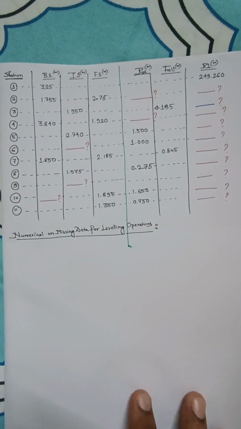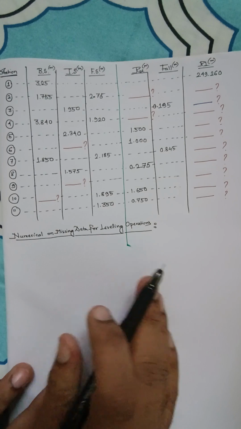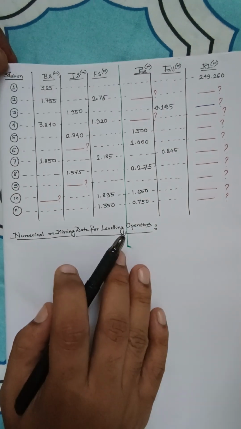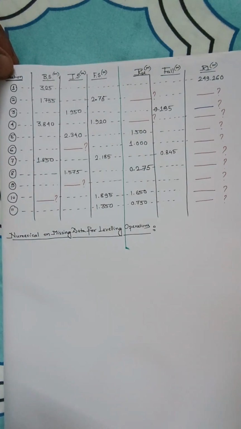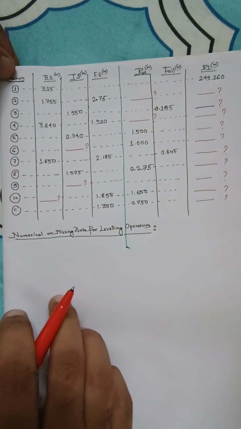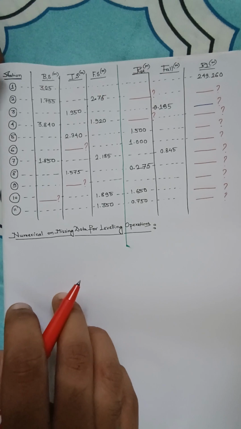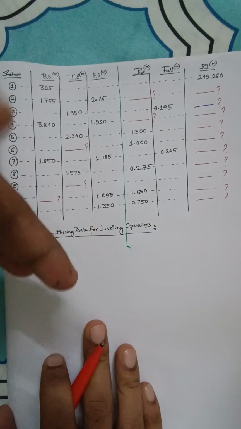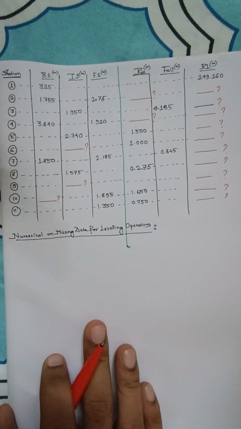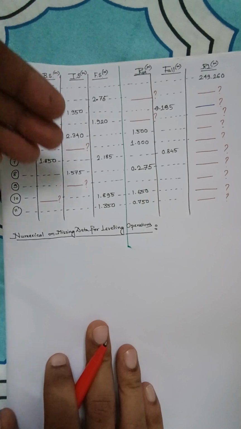So to understand the problem, we need to figure out the different setups of the instrument. I'm not drawing the figure over here because there is basically no need. Somebody also needs to learn how to read the readings.